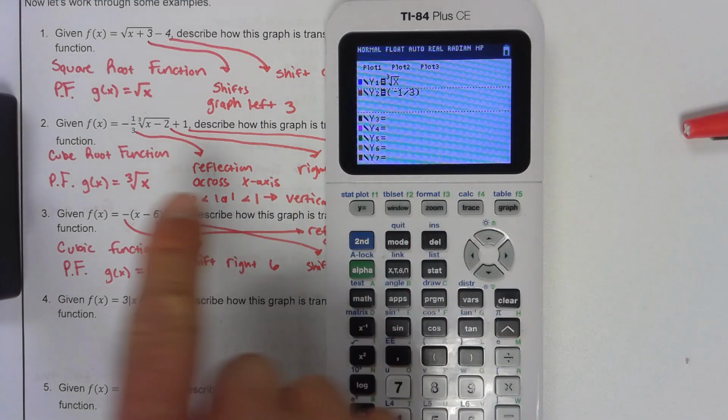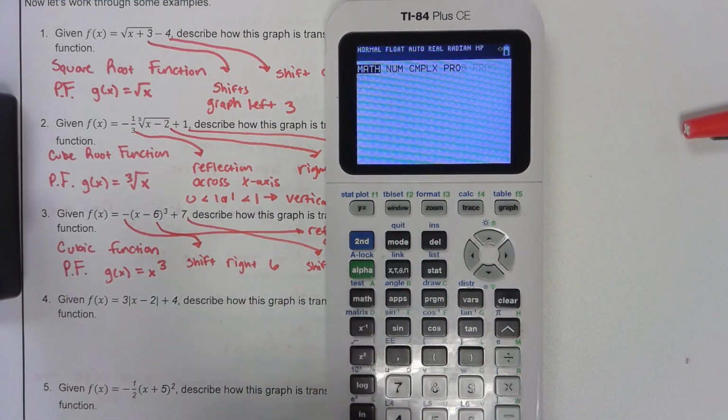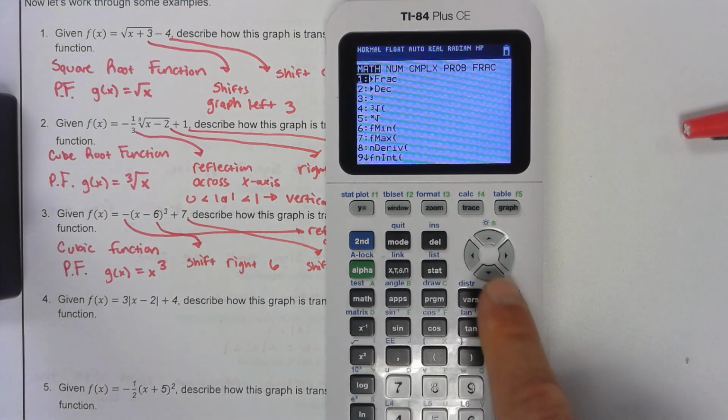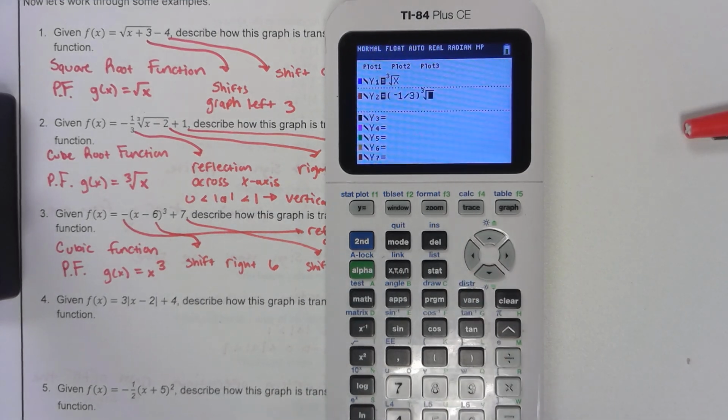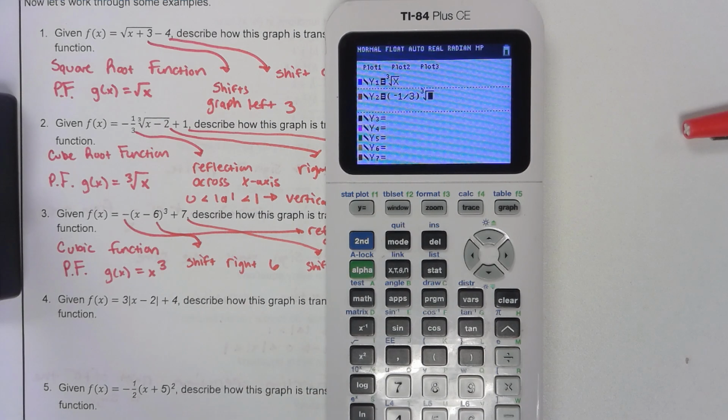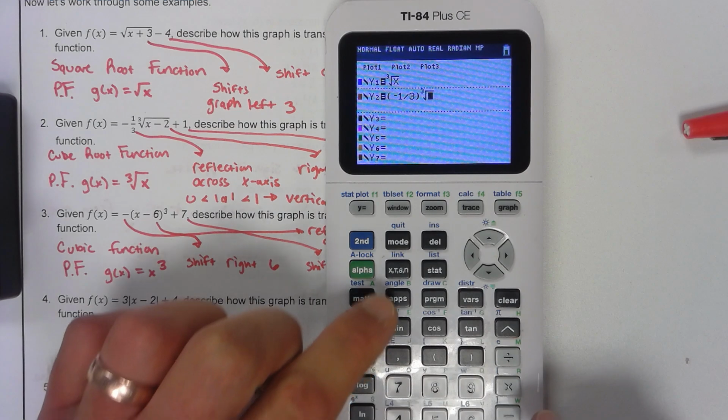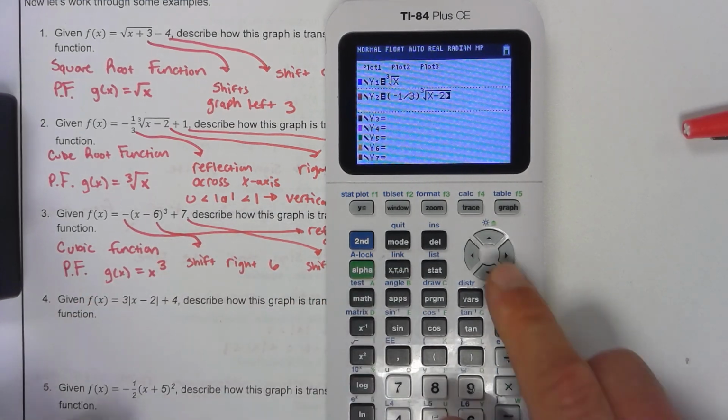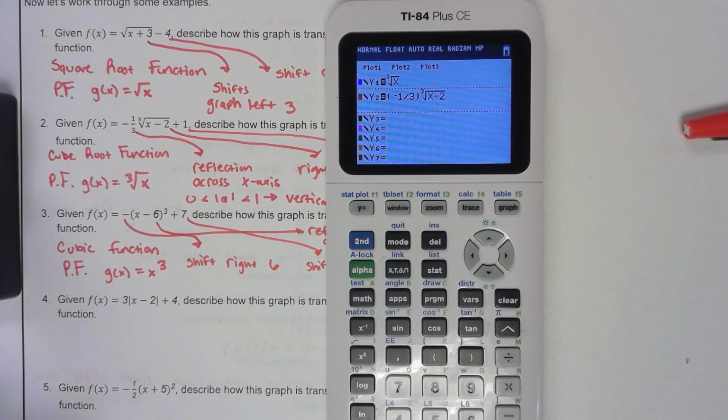Then, cube root function, I have to press math. I need to scroll down until I find that cube root. And then we wanted cube root x minus 2. Again, for a lot of you, you might need to close the parenthesis there. For me, I need to hit the right arrow key so I get out of that cube root option.